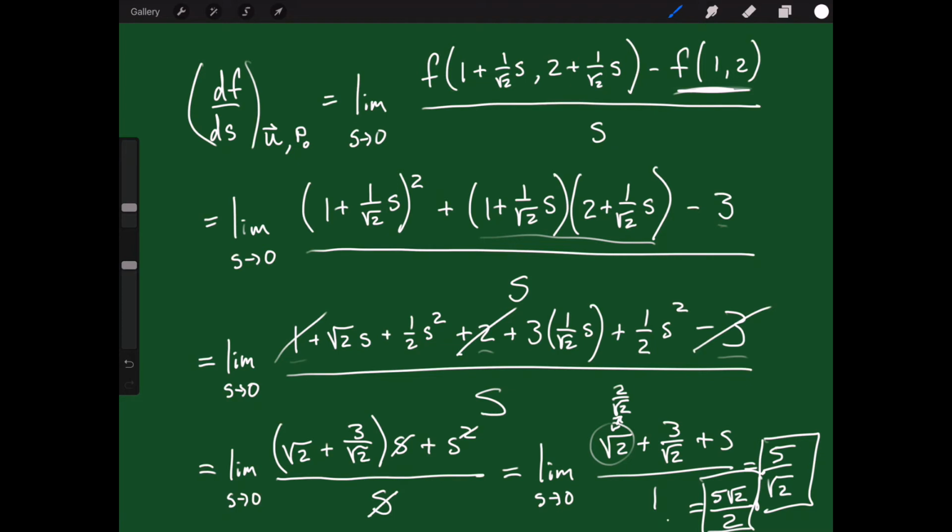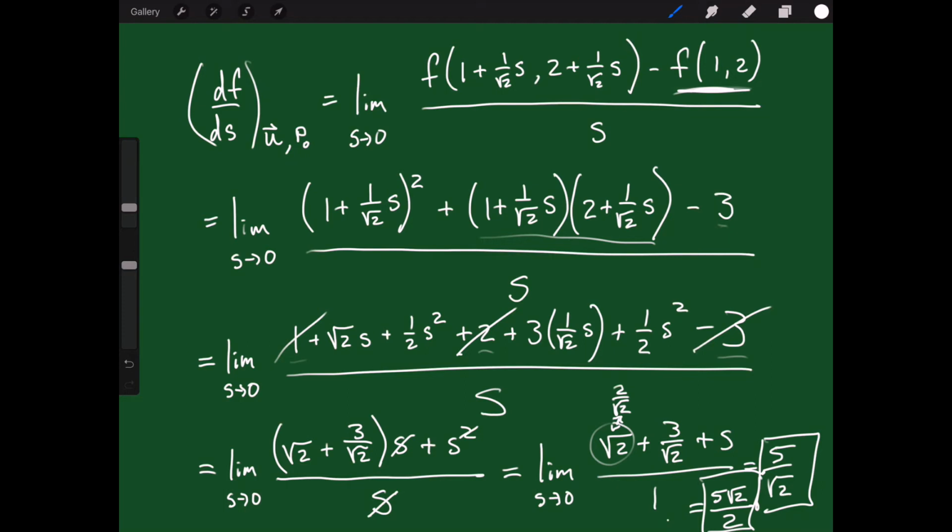So what did I just figure out? Well, I just figured out the slope of this curve at a specific point in a certain direction, the direction of that unit vector that I started out with, which was 1 over square root of 2 i plus 1 over square root of 2 j.